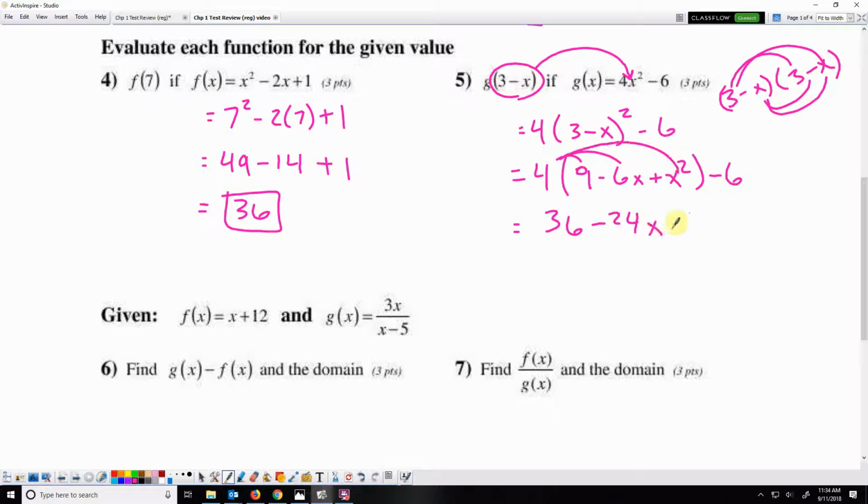And then 4 times x squared. Okay? And then we'll combine our like terms and we'll put it in descending order. 4x squared minus 24x, and then 36 minus 6 is 30.